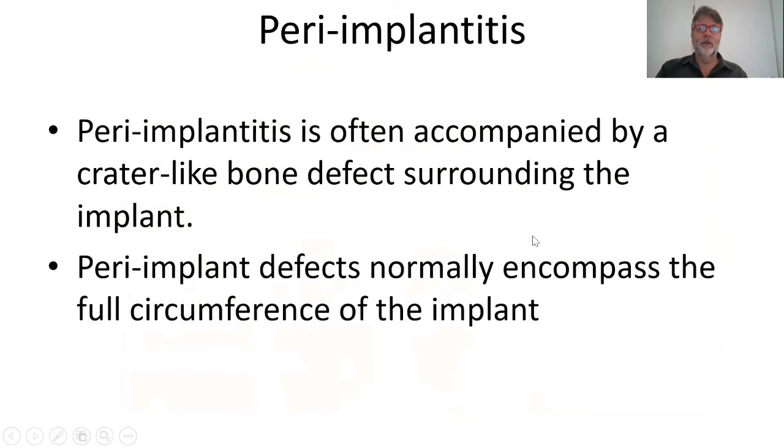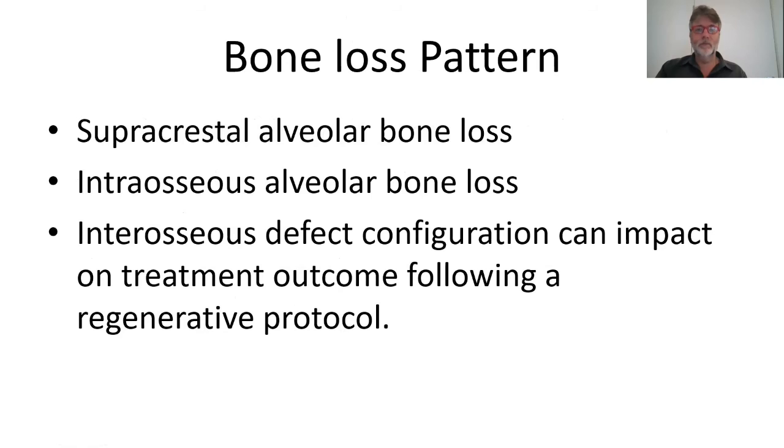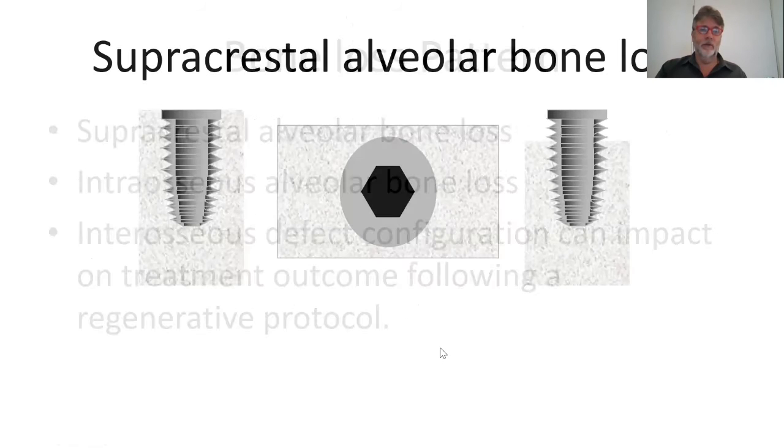Peri-implantitis is often accompanied by crater-like bone defects around the implant. Peri-implant defects normally encompass the full circumference of the implant. And the bone loss pattern can be subcrestal alveolar bone loss, intraosseous alveolar bone loss. Intraosseous defect configuration can impact on treatment outcome following the regenerative protocol.